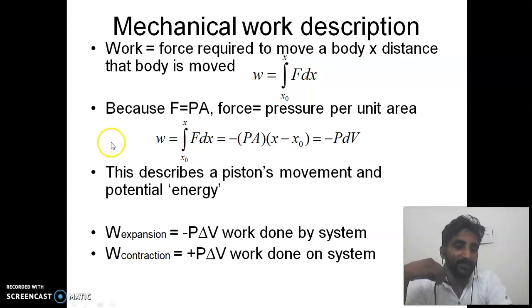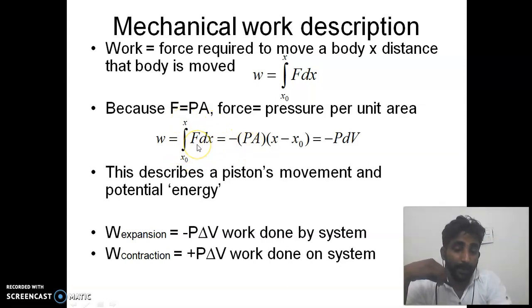The work in that case will be equal to force into displacement, and integration of that force into displacement over the whole line gives us the total work done. So W will be equal to the integral of F dx from x0 to x. Here x0 is our starting point and x is our final point.